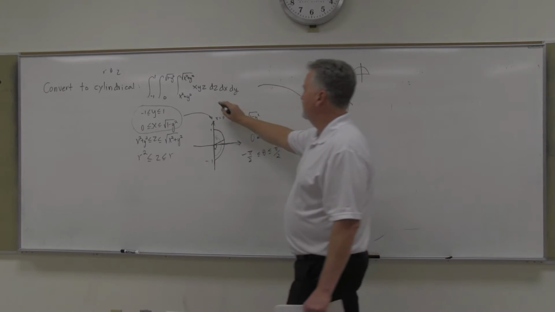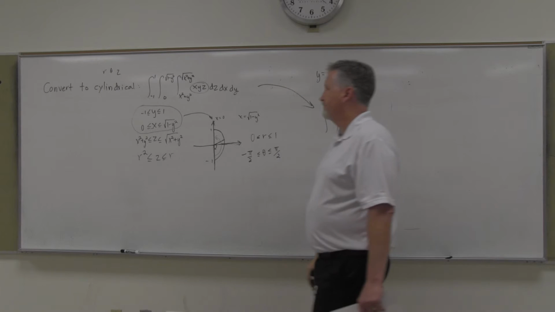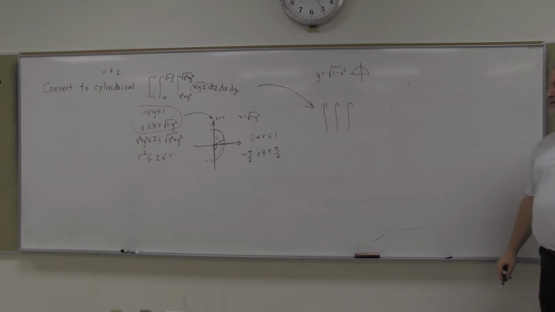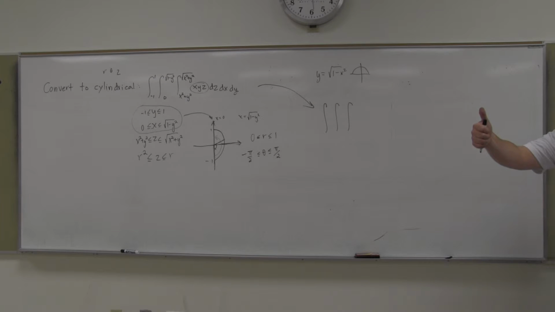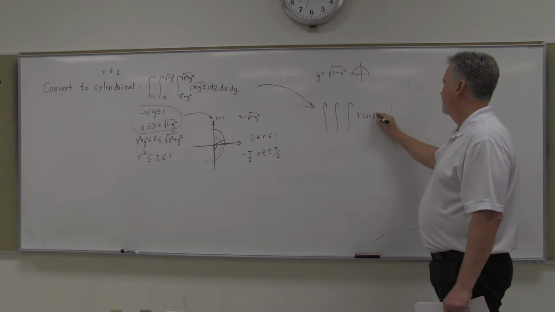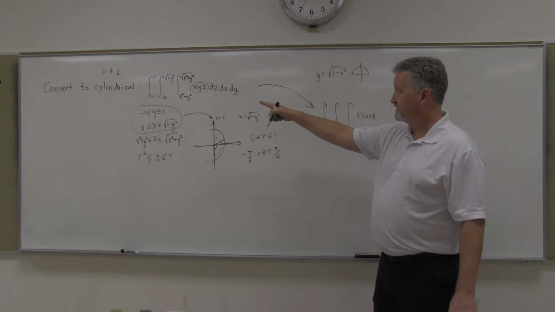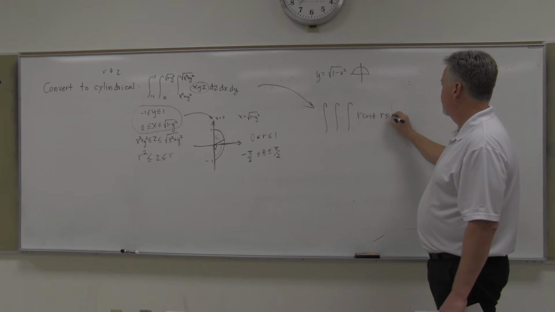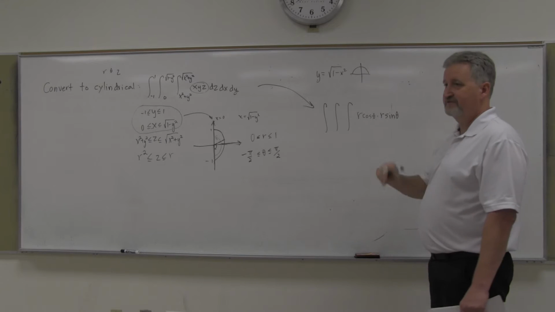All right, so again, let's start with our function. We've got x, y, z. That's our function. x is r cosine theta, y is r sine theta, and luckily, z is z.